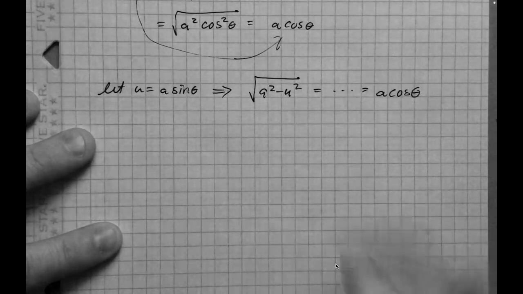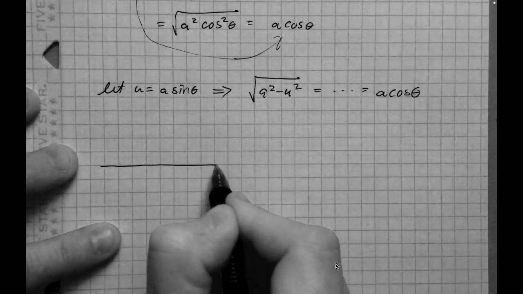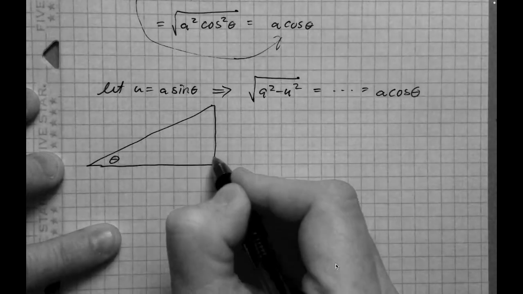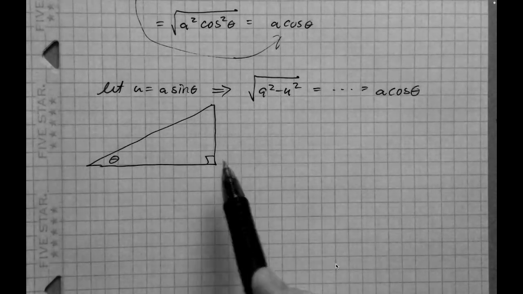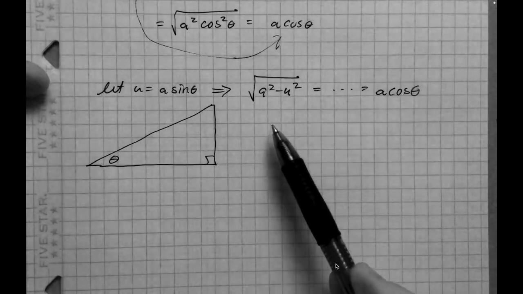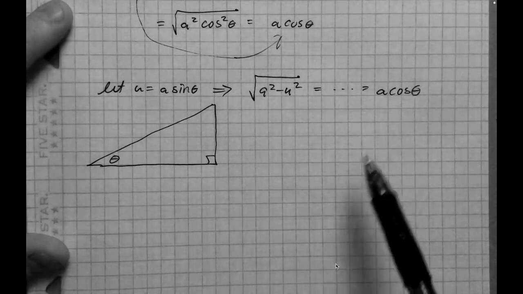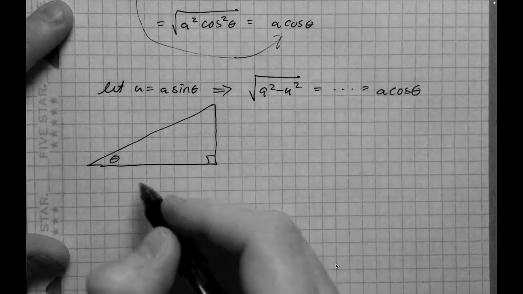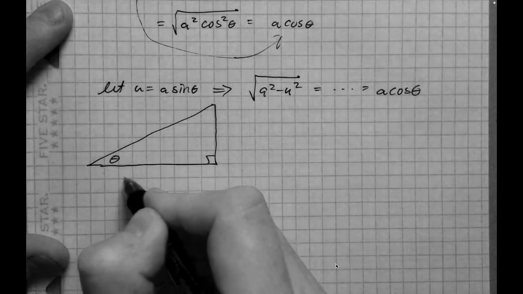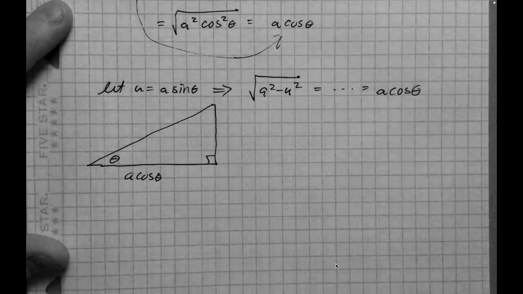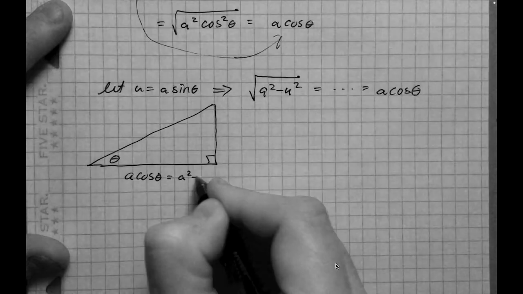Okay. And so if we think about a triangle, like a right triangle with a theta here, when we say a cos theta is equal to the square root of a squared minus u squared, well, what does that mean? That means you've got basically a cos theta here, and it's equal to the square root of a squared minus u squared.